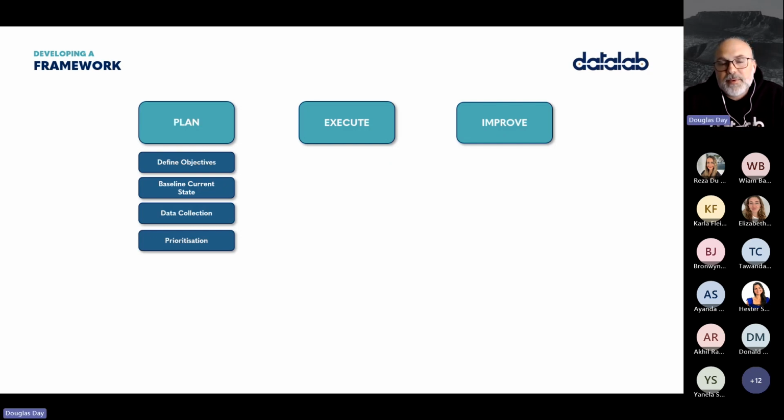The next step in the process is identifying a method to prioritize what's going to be delivered and how it's going to be delivered. In order to determine which initiatives, projects, or tasks should be addressed first, it involves assigning a level of importance or urgency to various elements within the roadmap.